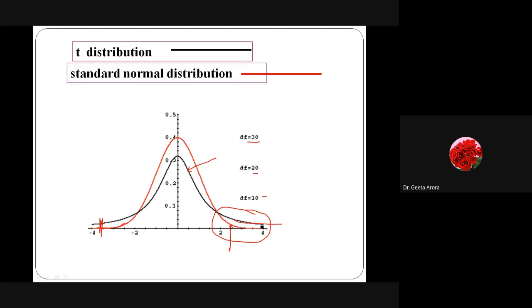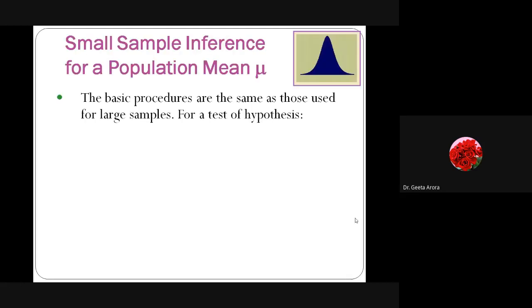It approaches at 3 and then leads to infinity. These are again some properties: the distribution is symmetrical with mean 0, and it extends to infinity on either side.